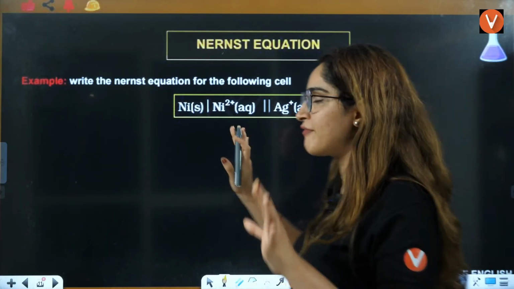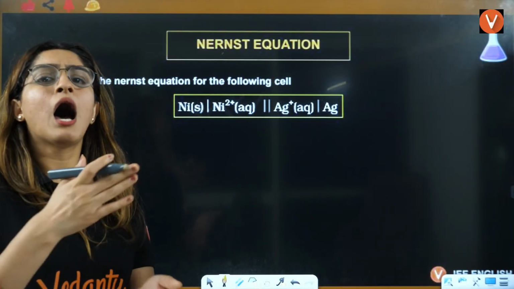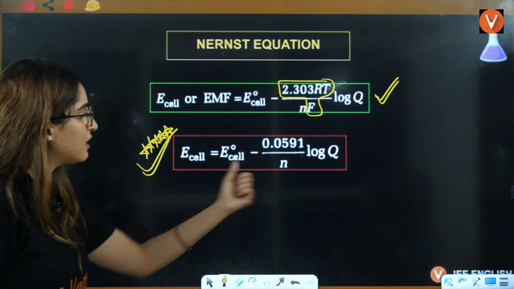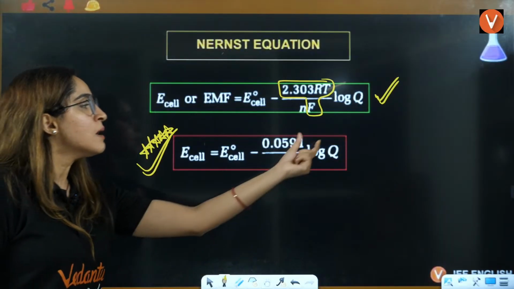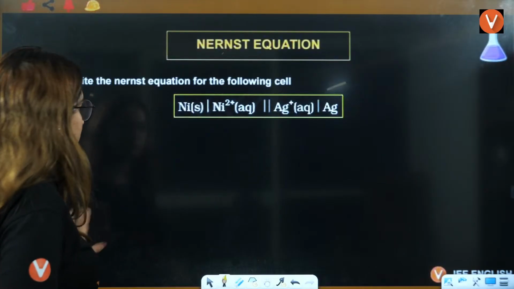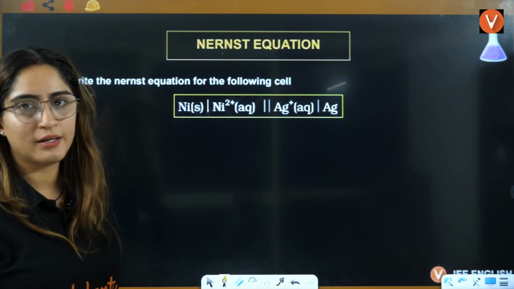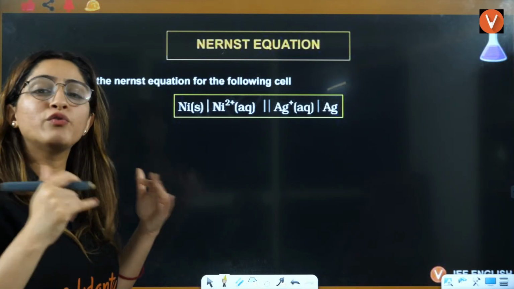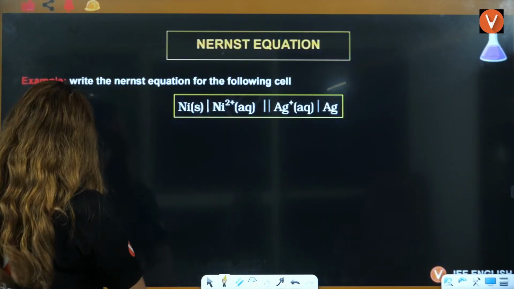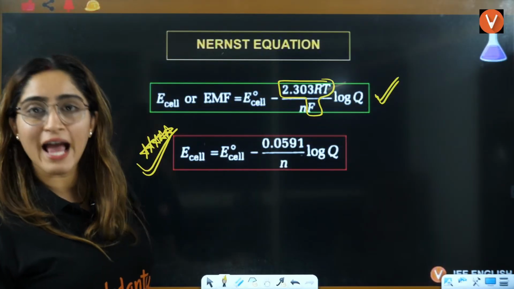So I have this first example, and with the help of examples, let's understand how to apply this formula: how to find n, how to calculate E naught cell, and how to calculate Q. See, if a representation is given to you, n defines the number of electrons gained or lost in the chemical reaction.